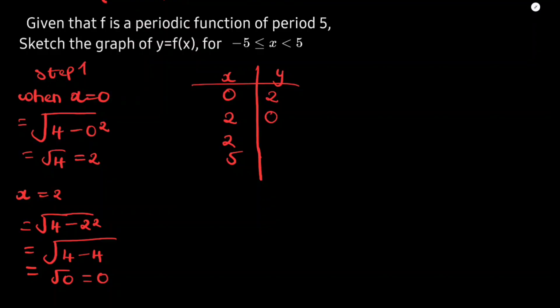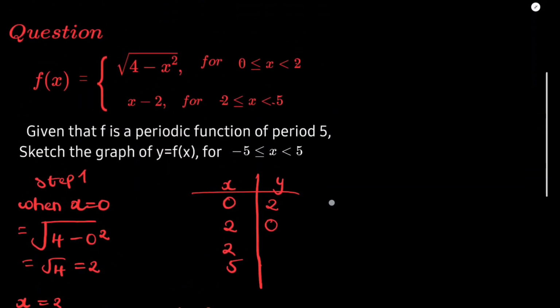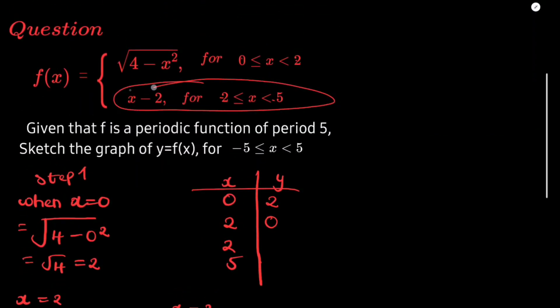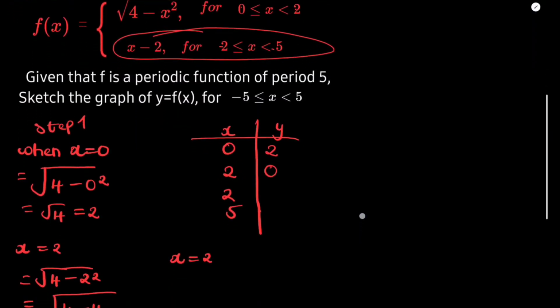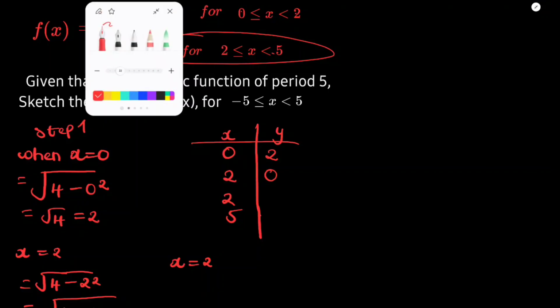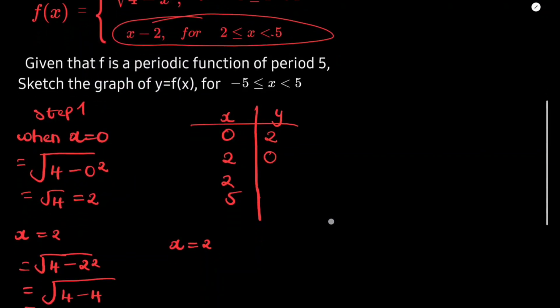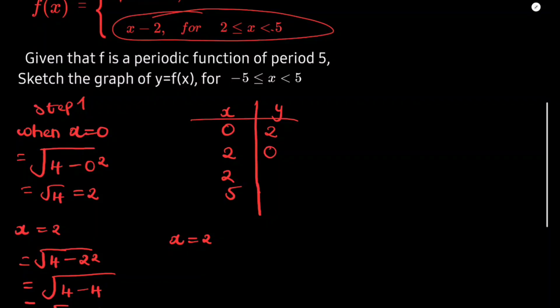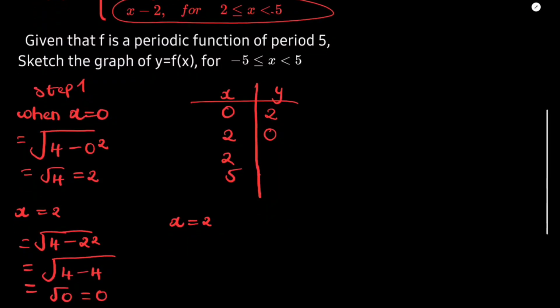Okay, so let's take the next. We have when x is equal to 2 again, but this time we are going to the second definition and its interval. So when x is equal to 2, let's go to the second case.